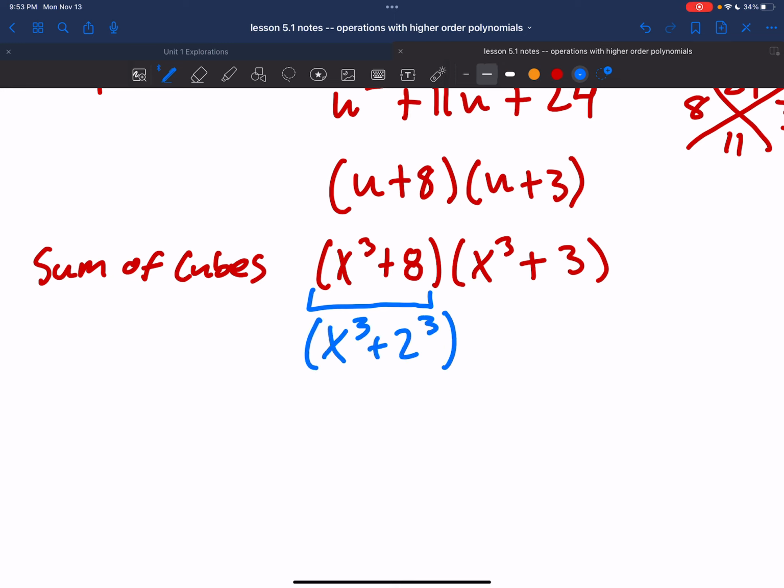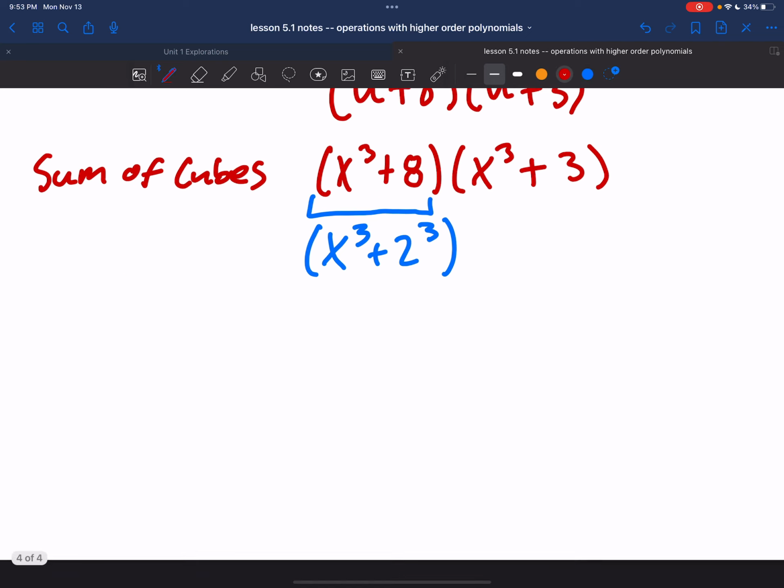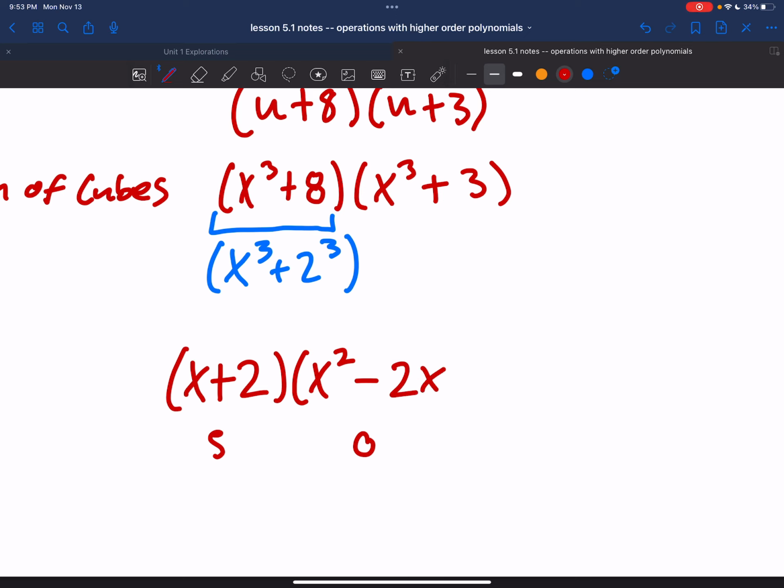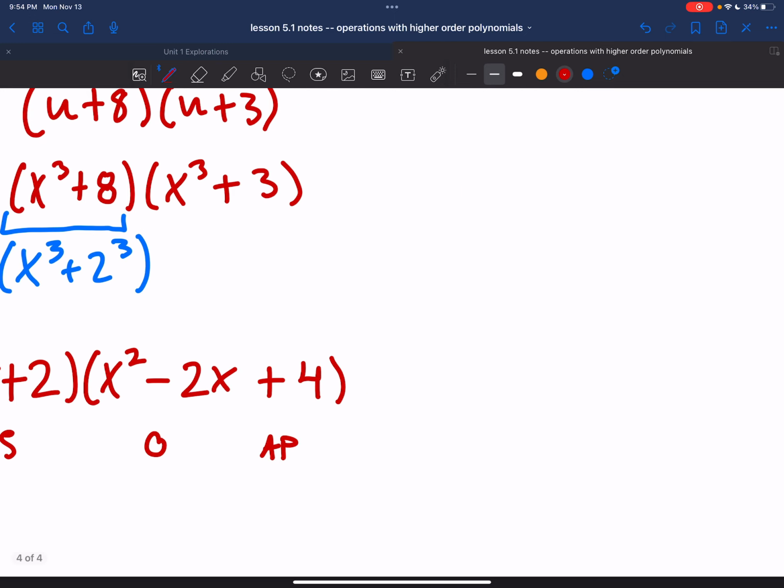So you got to use the sum of cubes identity. So you know it will factor as x plus 2, same, and then opposite, x squared minus, because it's opposite, ab, that's 2x, and then always positive, plus 2 squared, which is 4. So there's SOAP. And then don't forget your x cubed plus 3 was still there.